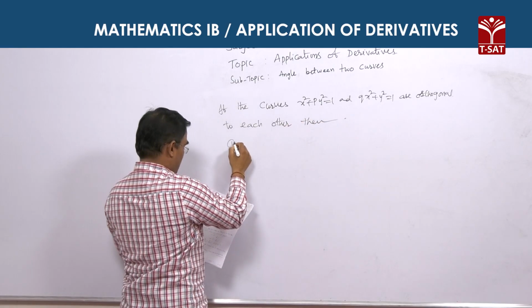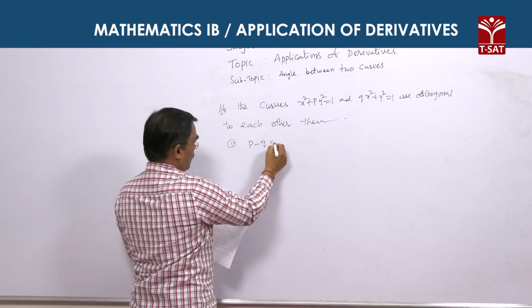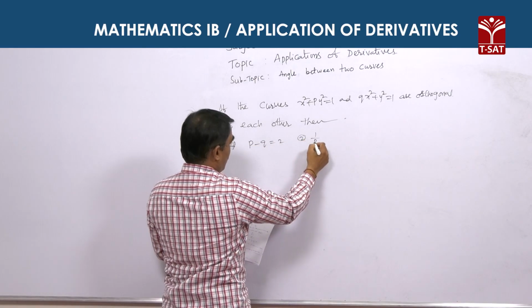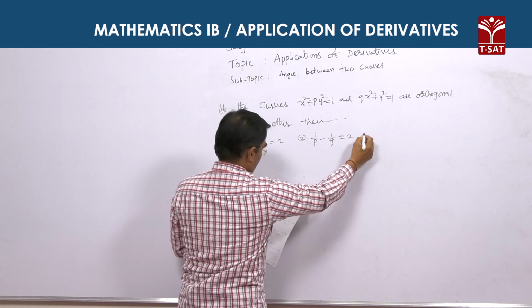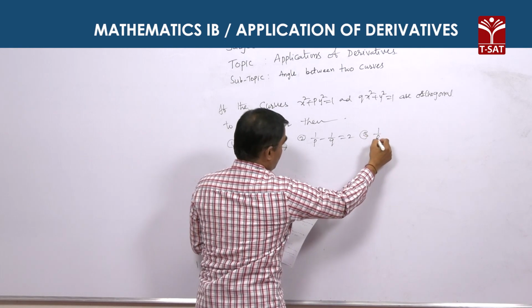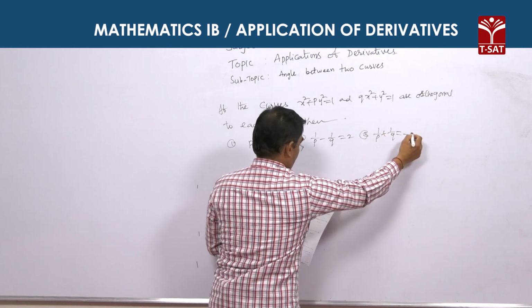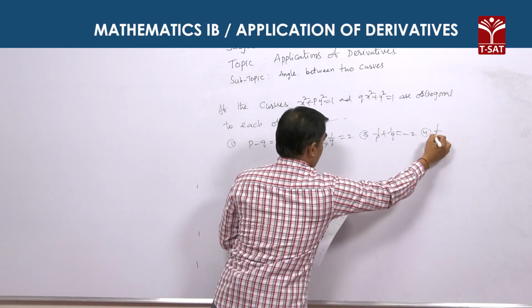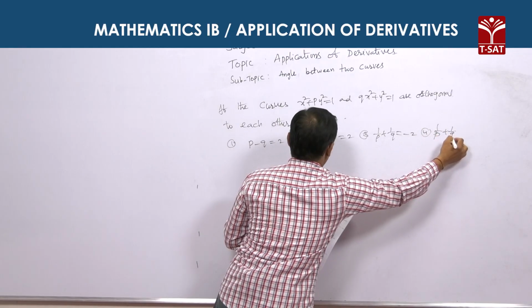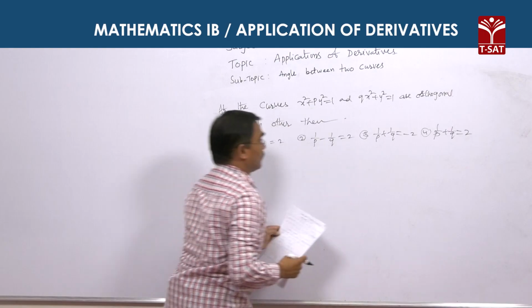The first option: p minus q is equal to 2. Second: 1 by p minus 1 by q is equal to 2. Third: 1 by p plus 1 by q is equal to minus 2. Fourth: 1 by p plus 1 by q is equal to 2. This is our fourth condition.